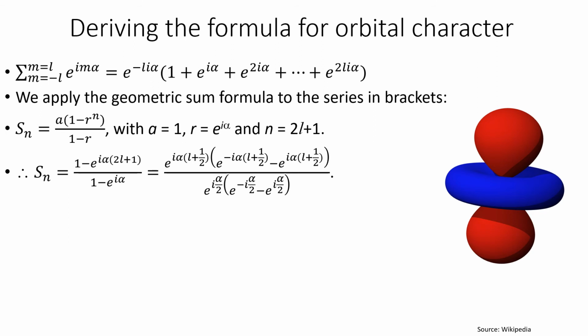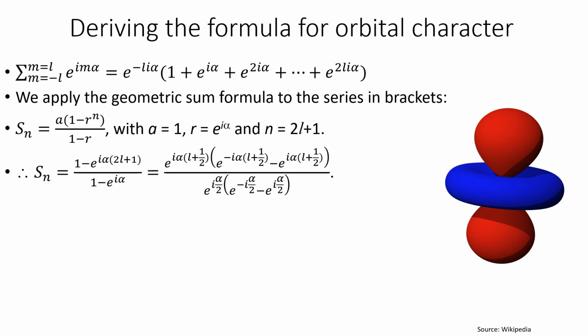And so again, what we're going to try and do is factorize this. You see what I'm doing here is taking out e to the i alpha (l plus a half). This is quite cunning, because when you look at what's in the brackets on the numerator, we've got e to the minus i alpha (l plus a half). So that will multiply by the term outside in the brackets to give you 1.